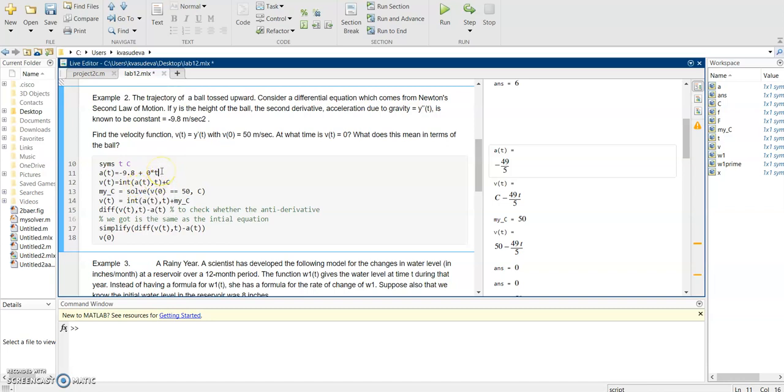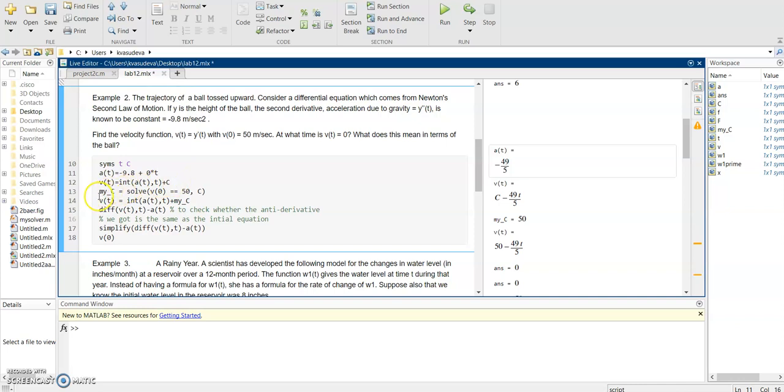So that's why I have 0 times t. Now velocity is the antiderivative of acceleration, so I take the integral of a of t with respect to t plus a constant of integration.